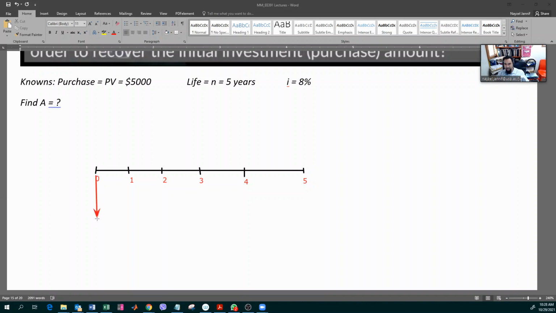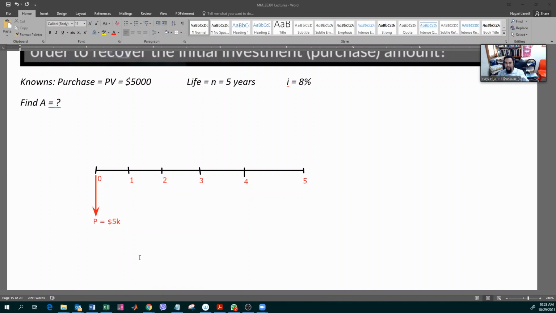was, there was a purchase made, right? So that's our present value, which is equal to, how much is that? That's 5K.